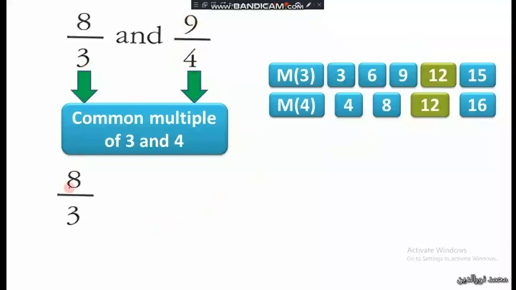So 8 over 3, how do we make 3 become 12? We multiply by 4. So we multiply both terms, the denominator and the numerator, by 4. So we get 8 times 4 is 32 over 12. The other fraction is 9 over 4, so 4 must become 12, so it's multiplied by 3.